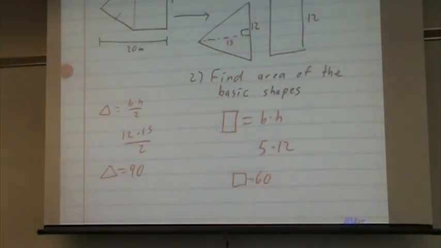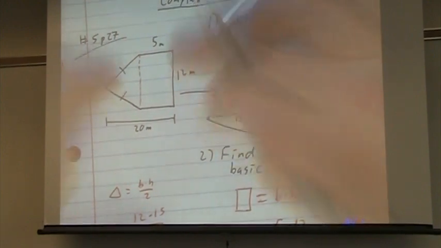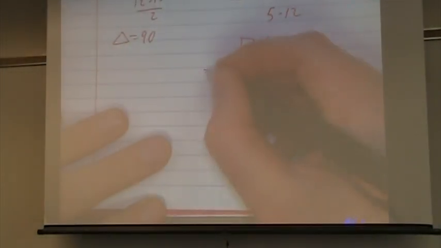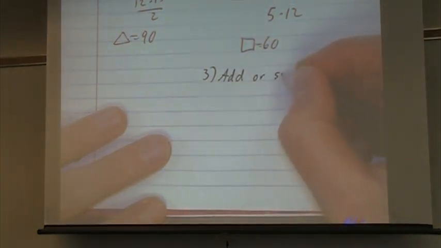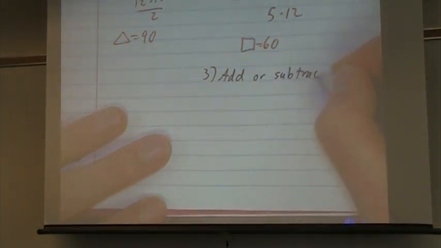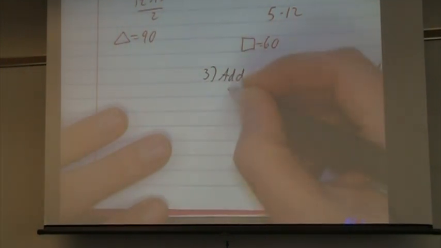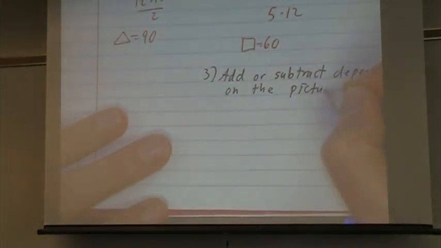And last but not least, we're going to add or subtract them depending on the picture. In this case, we can see that the shapes connect to form the bigger picture. So we are going to be adding. But that's our step 3. We're going to write add or subtract depending on the picture.